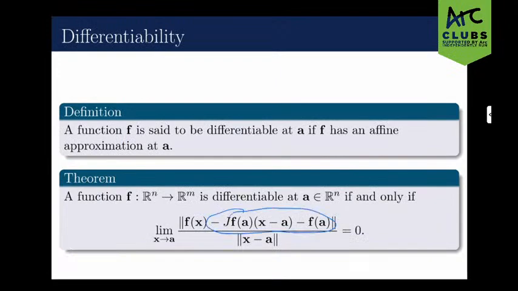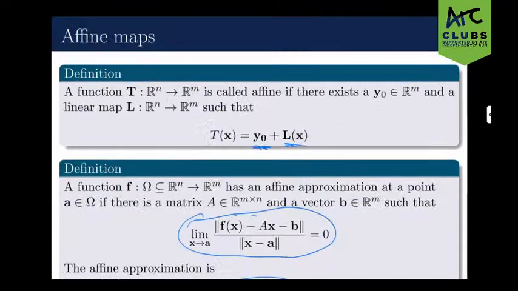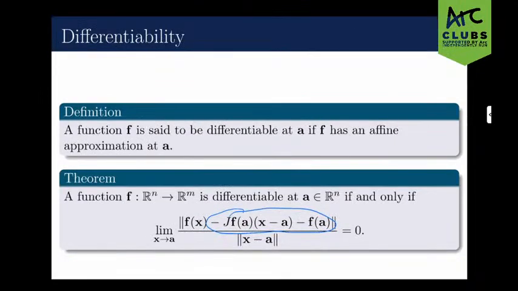A in this equation above would have to equal the Jacobian at A, and B over here is equal to f of A minus the Jacobian multiplied by vector A, or something like that. And so we get this form.